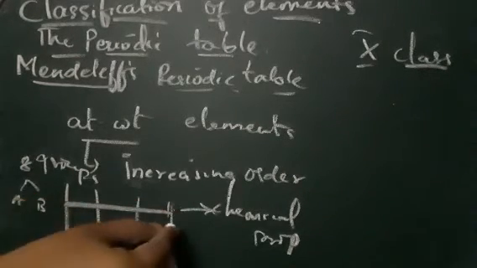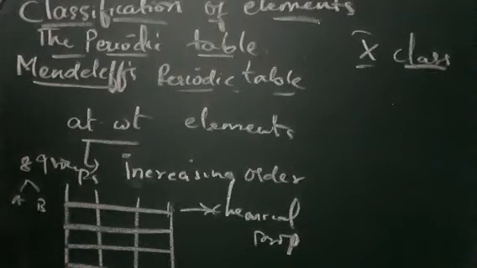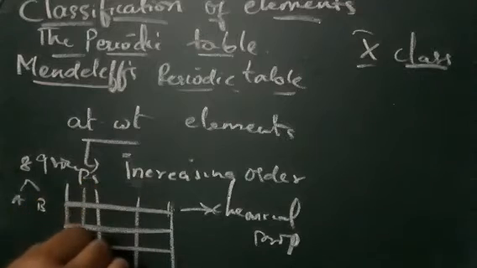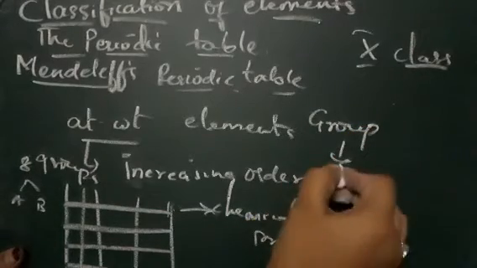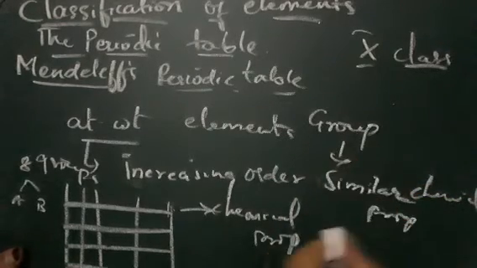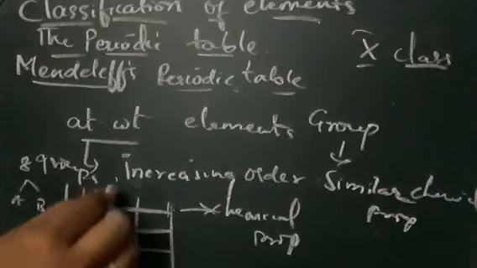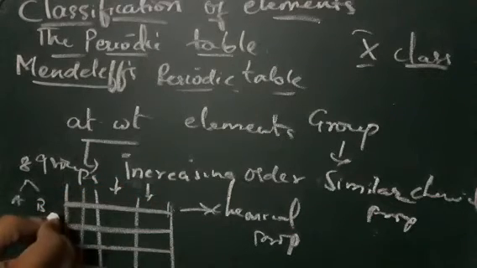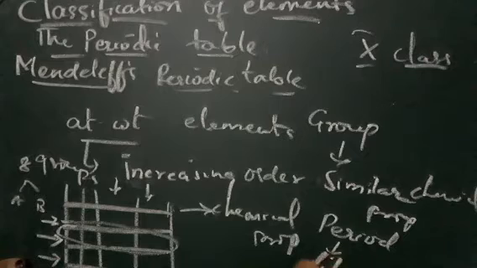These columns are known as groups, the vertical lines are groups and the horizontal lines are periods. The elements present in a group all have similar chemical properties, while the elements present in a period have different chemical properties.